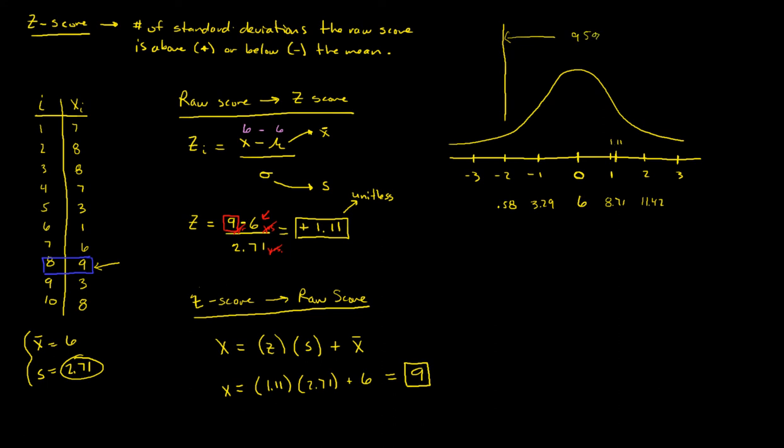Actually it's 1.96 that gives us 95%, so within this band, whether you're at negative 1.96 or positive 1.96, you're at about 95%.